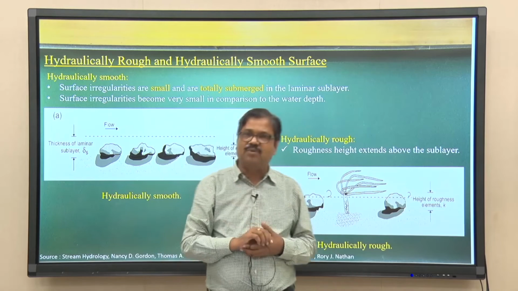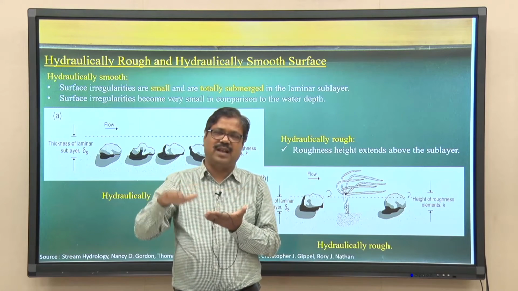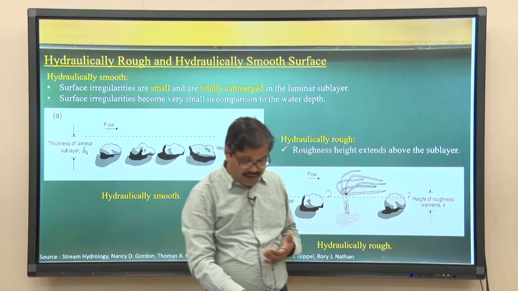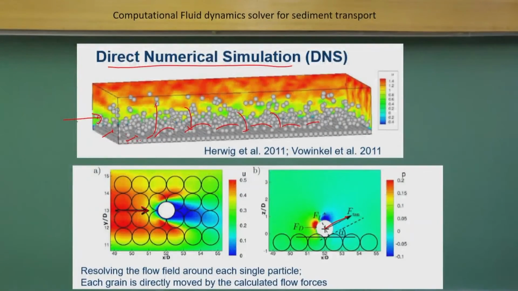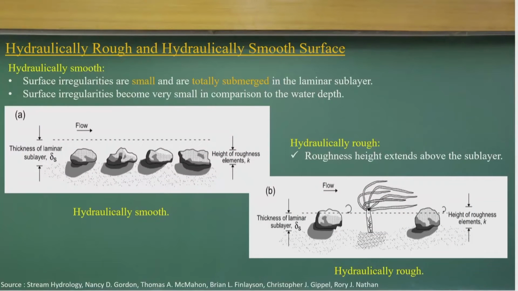The same concept applies: when fluid passes over the surface, we can find the thickness of the laminar sublayer. If the height of the roughness is k, which we can represent in terms of D50 or D85 of the bed materials, and the thickness of the laminar sublayer is larger than the roughness height k, then we call it a hydraulically smooth layer.